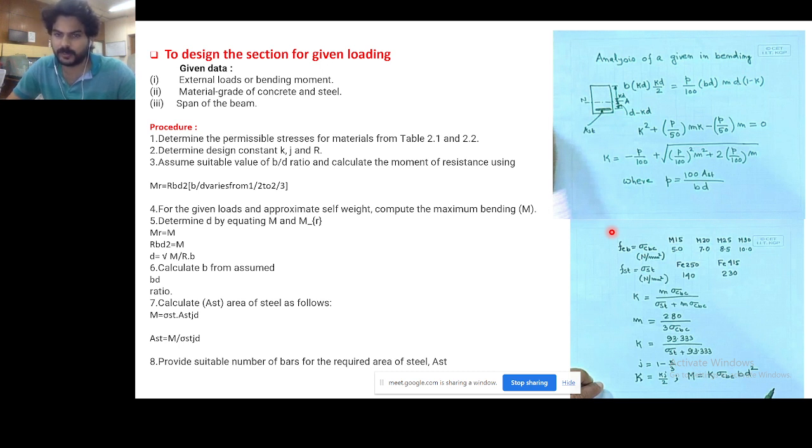R into B D square, if you directly multiply you will directly get M. So this R you have to solve and then you have to get R. That we have seen, I guess. Just a minute.